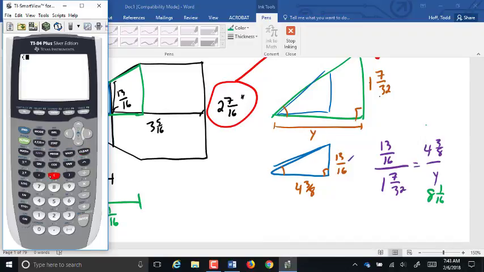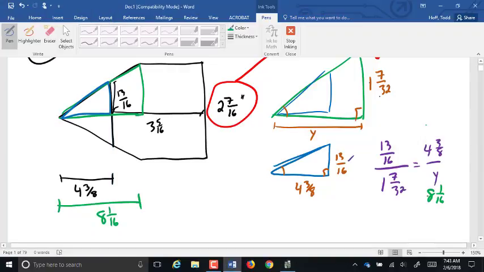Let's try that again. 1 and 7/32 times 4, and make sure that plus gets in there, 3/8 divided by 13/16. That's better. 6 and 9/16.